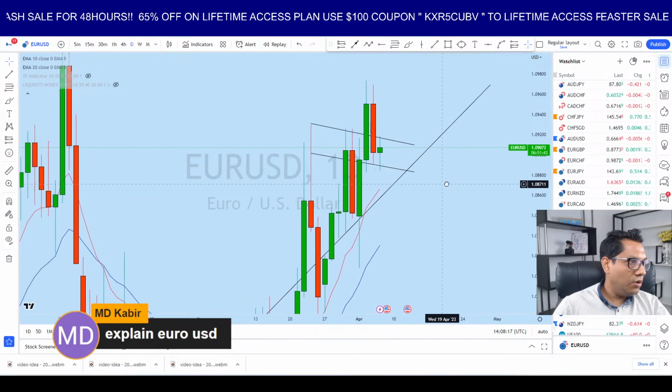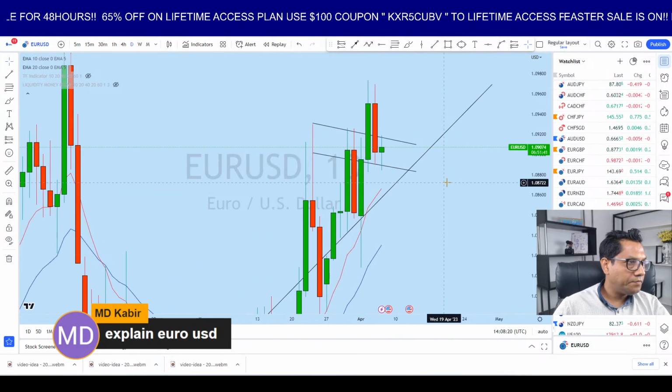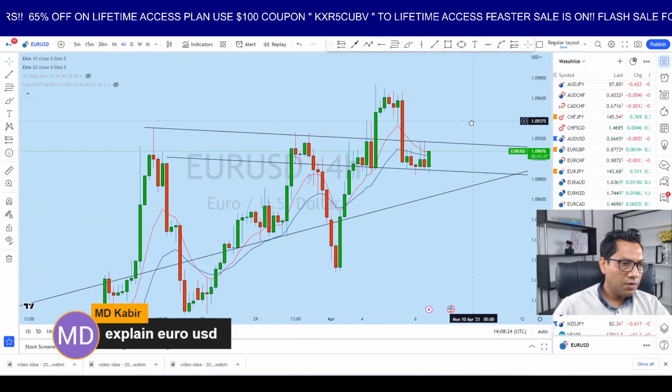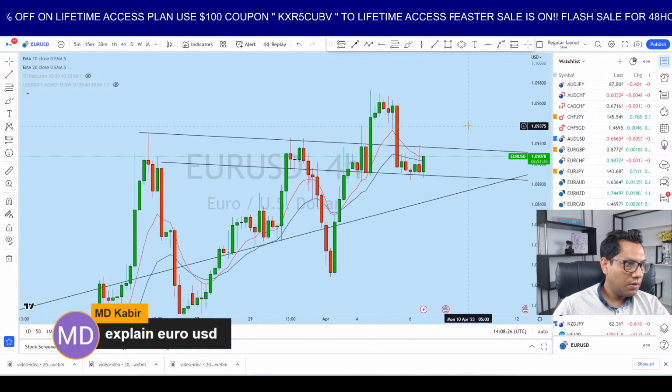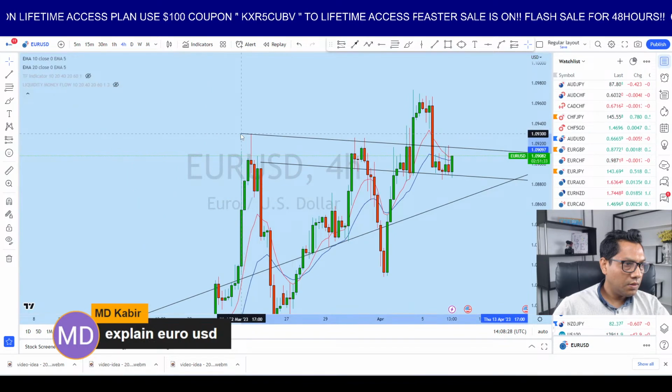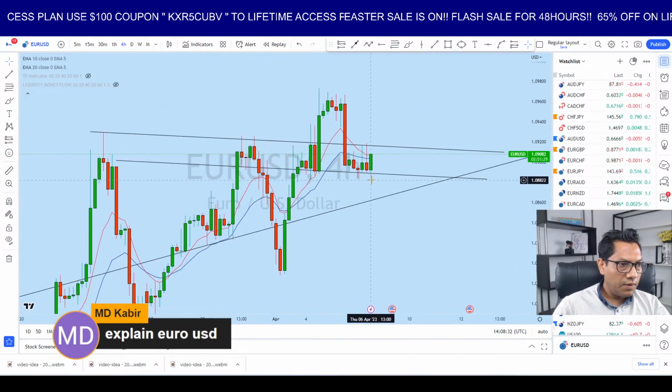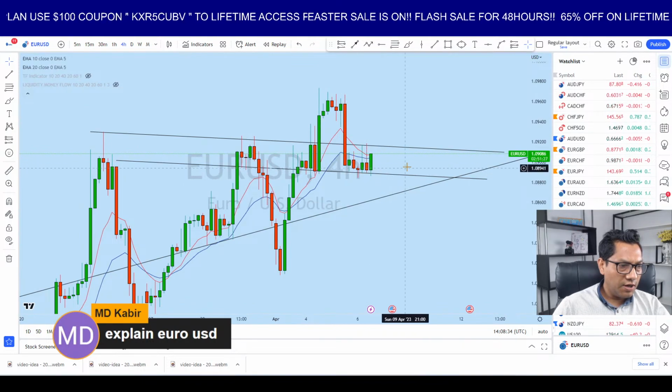So if I look at Euro dollar from the higher time frame, you see this market is consolidating along this zone.